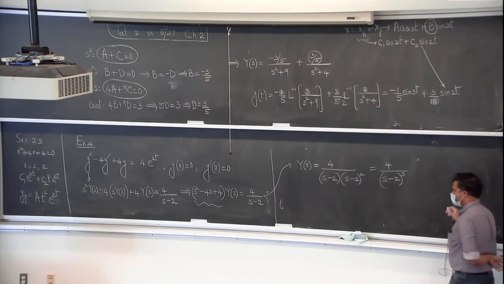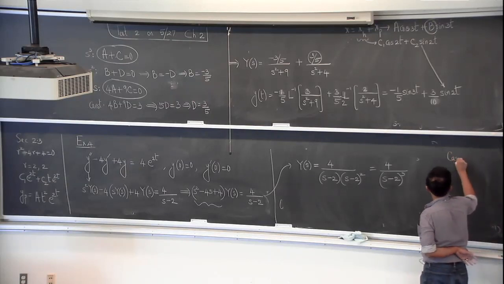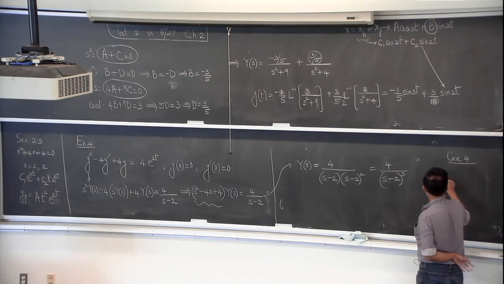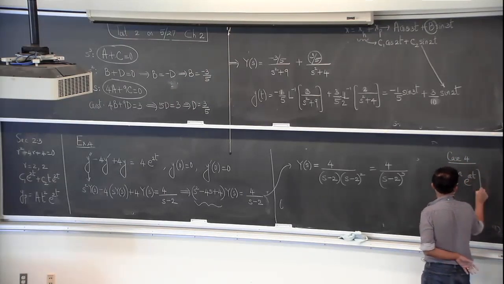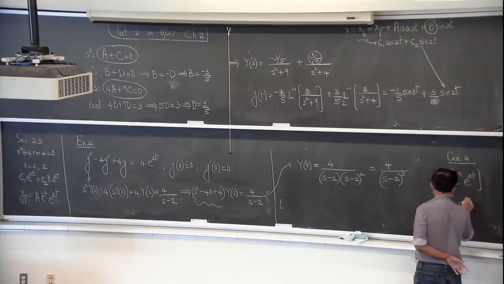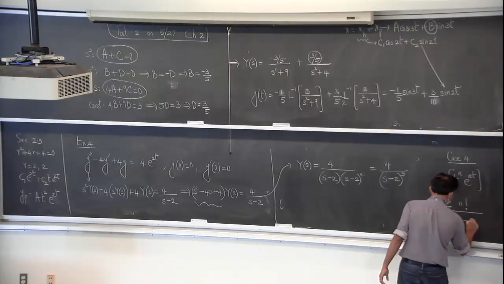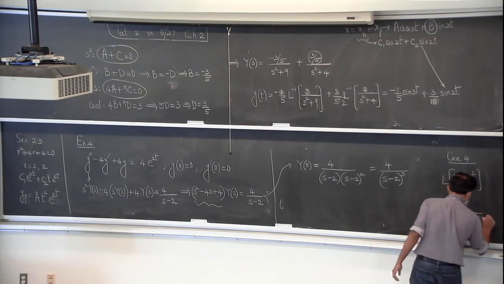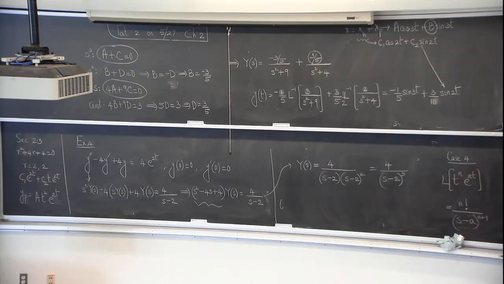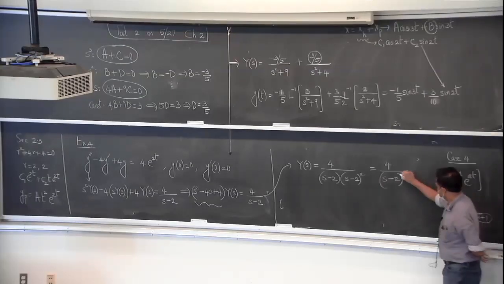And if you look at case number 4, I think, you have Laplace of t to the power of n e to the power of at equal to n factorial divided by s minus a to the power of n plus 1. Here, a is 2. N plus 1 is 3.